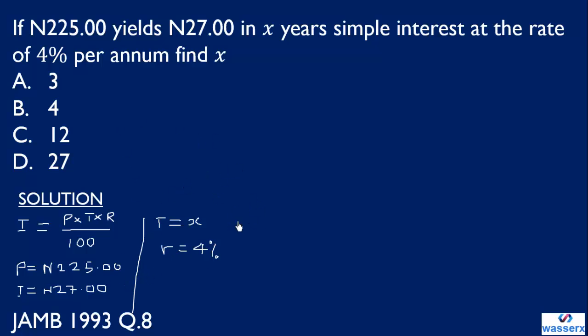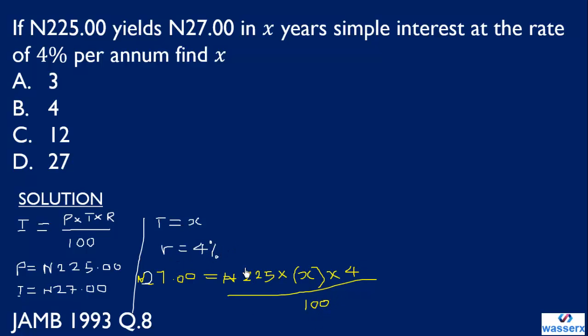So we just substitute all this into this formula to obtain 27 naira is equal to 225 naira times X times the rate, which is R%.